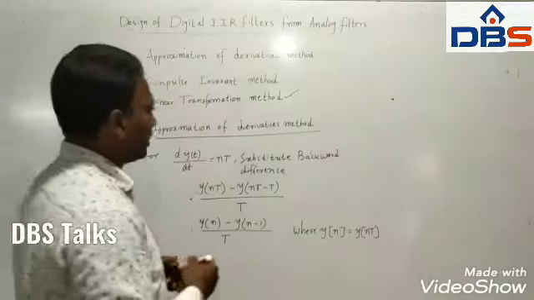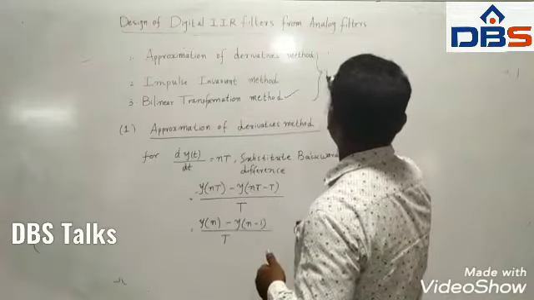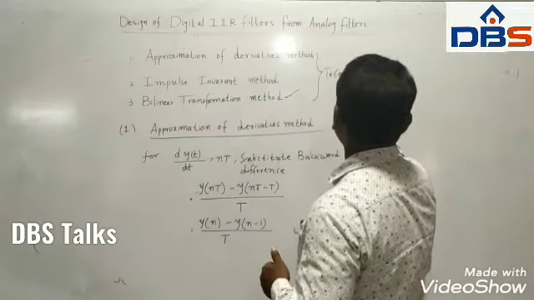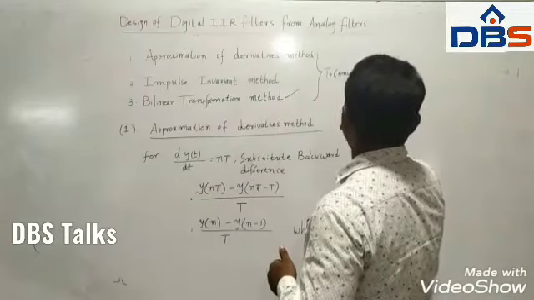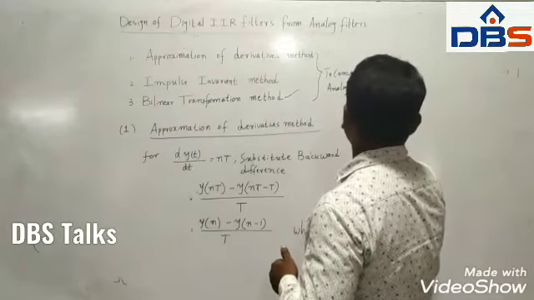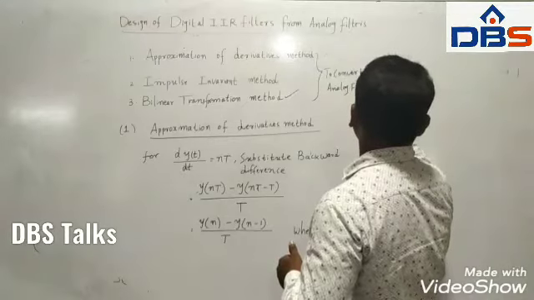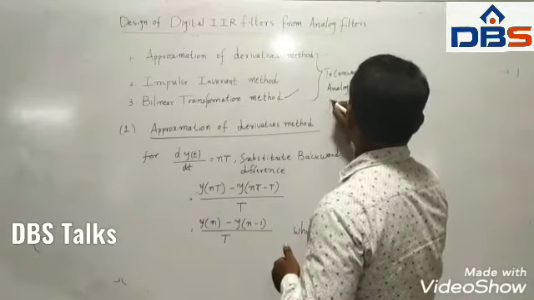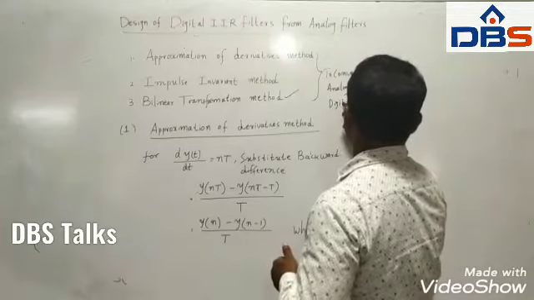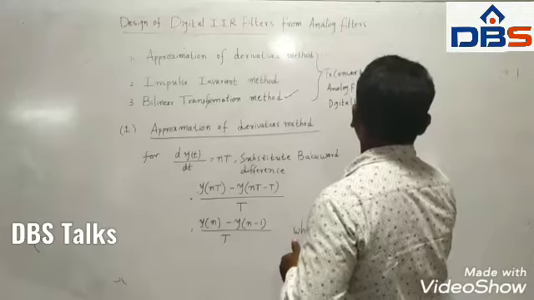One thing you have to remember: all these three methods are used to convert an analog filter transfer function to a digital filter transfer function. That is the main purpose.